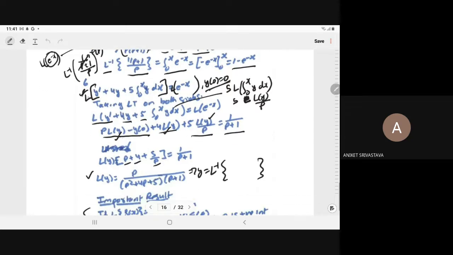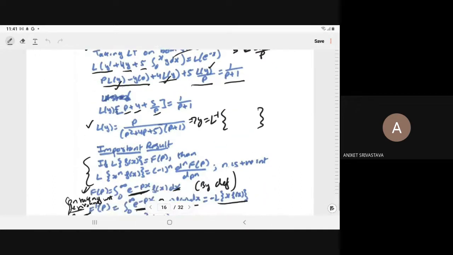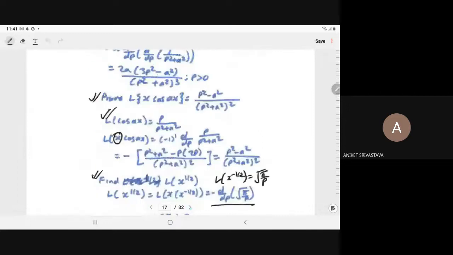Laplace transform of x into f(x) is minus 1 to the power n, d^n by dp^n of F(p). So here n is equal to 1. So minus the first derivative of the Laplace transform.